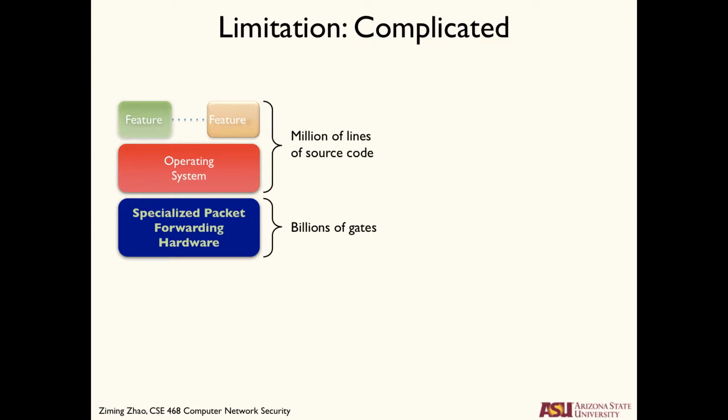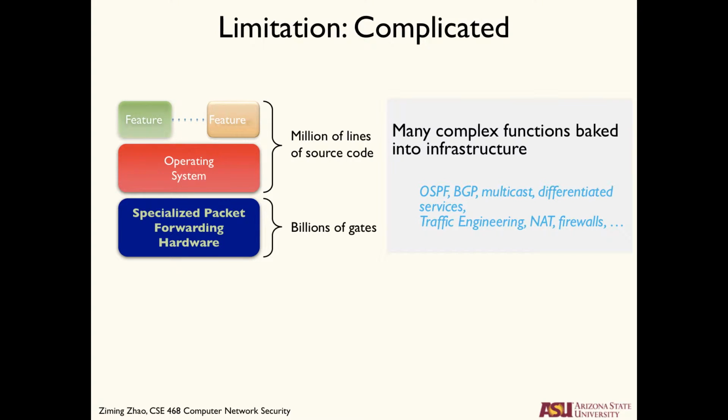So right now, the operating system part and those applications or protocol part can be millions of lines of source code. And the hardware part can be billions of gates. So they are all burned into this infrastructure, this box. So whenever you have to upgrade something, you have to upgrade all the switches.